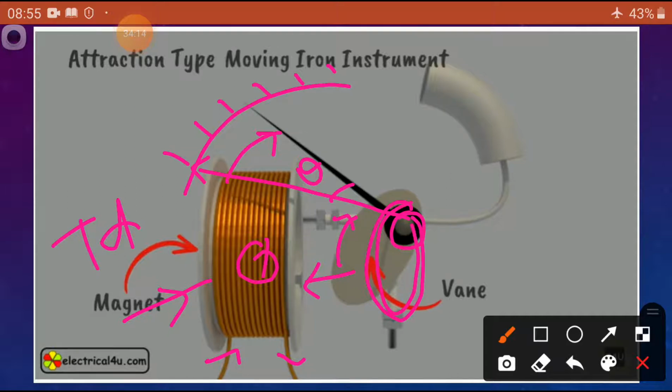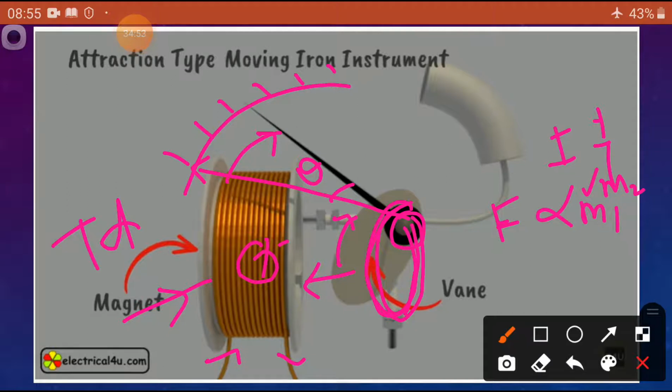That means, what is the force? The force of attraction is directly proportional to the magnetic field of the coil, that is M1. At the same time, the magnetic field of the magnetized iron piece, M2, also acts. So M1 depends on the current and M2 also depends on the current, because a stronger current gives a stronger magnetic field, and at the same time the iron piece also becomes a strong magnetized material.